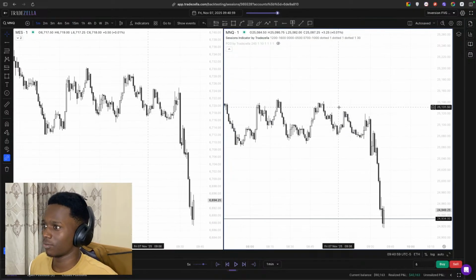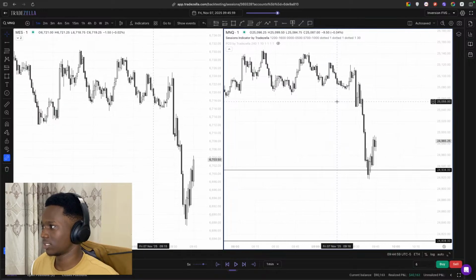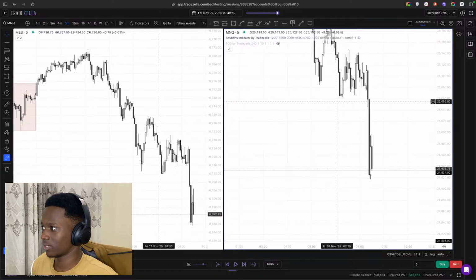So we don't get a run on any liquidity, but instead price starts going higher directly.